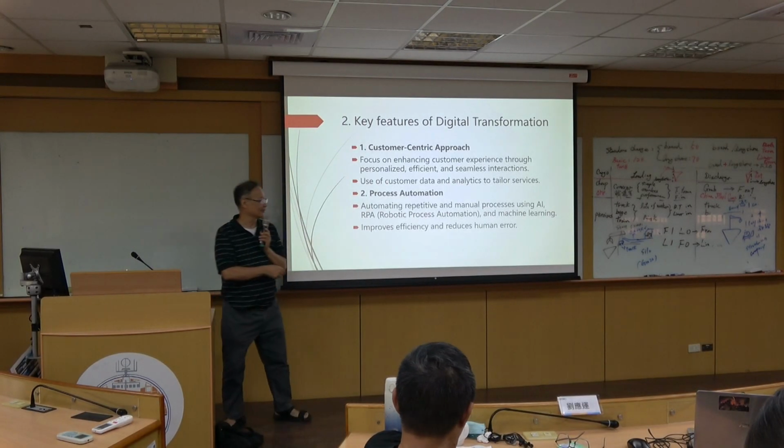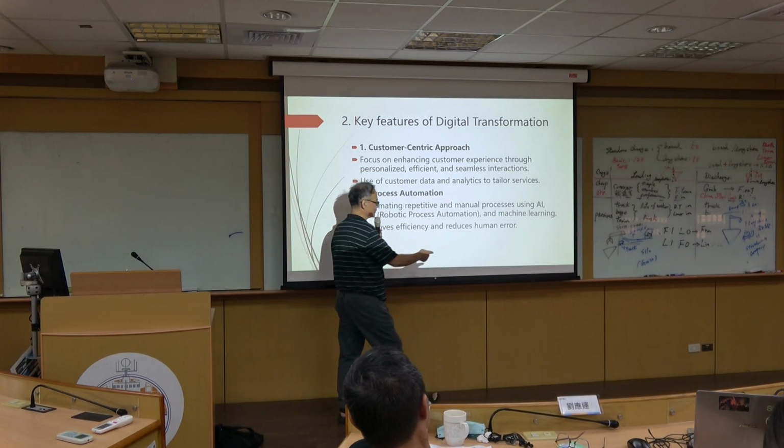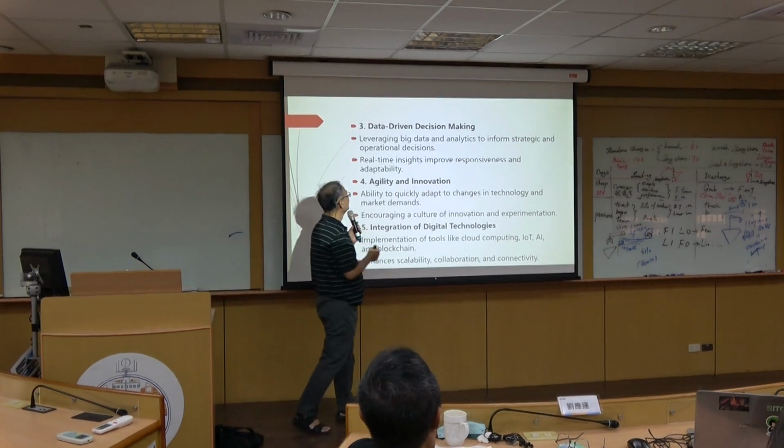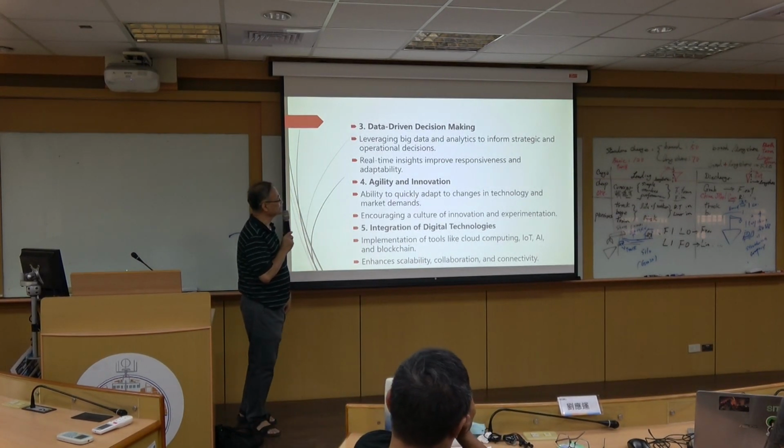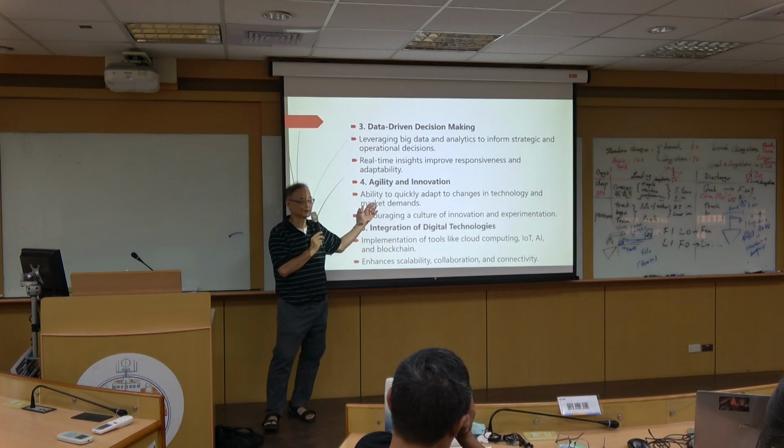And the robot. So in the future, our classmate may be a robot, and also use machine learning. And also, we make decisions by data. And of course, we use new technologies to make everything very advanced.